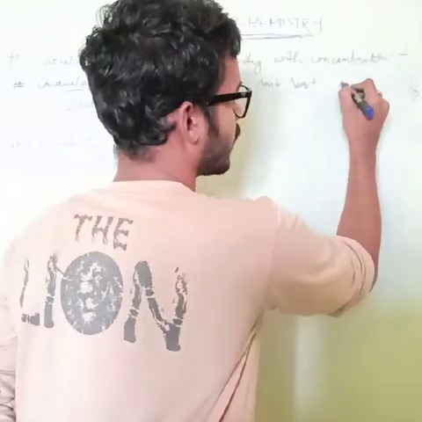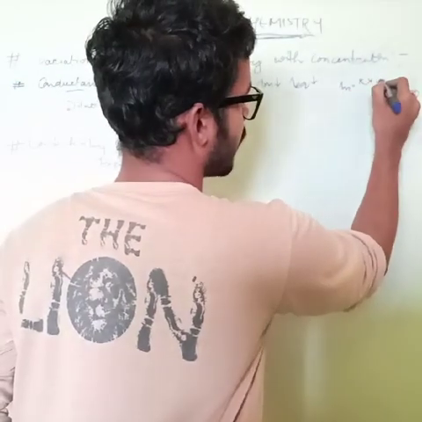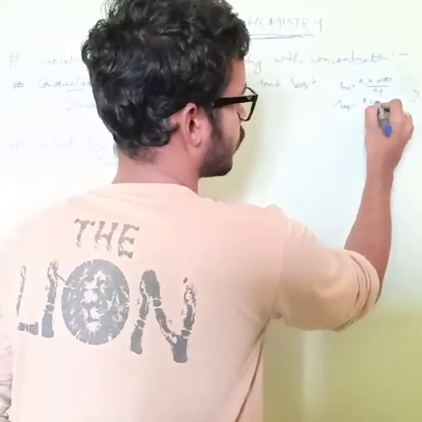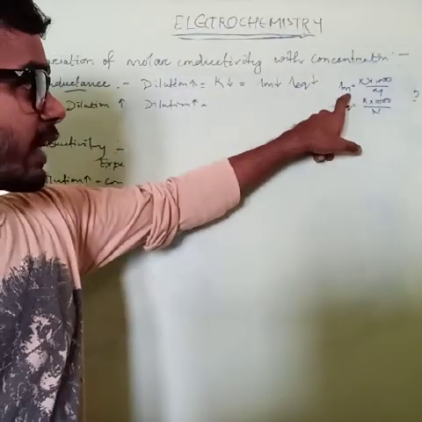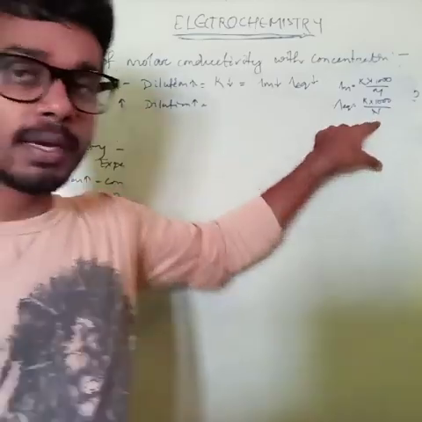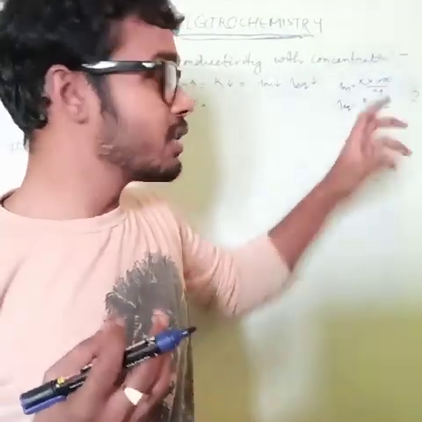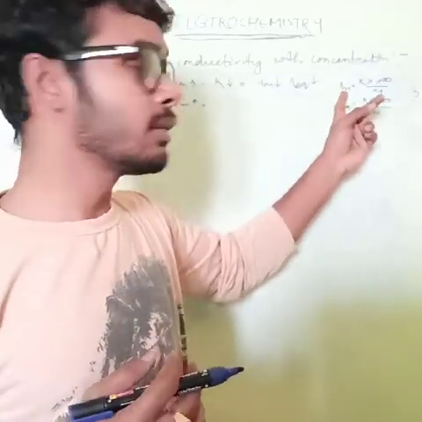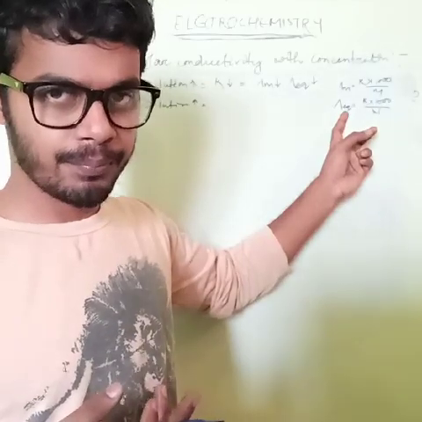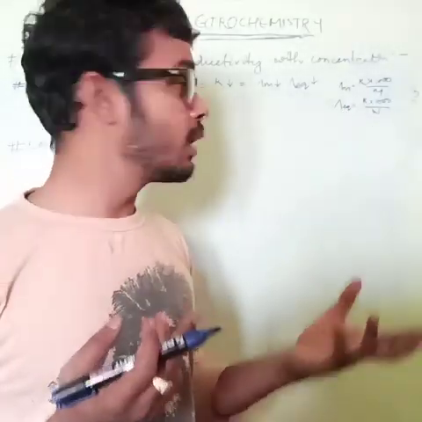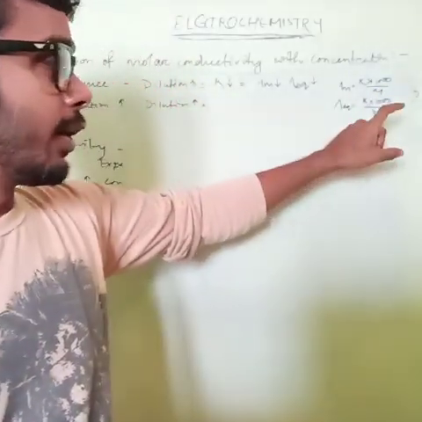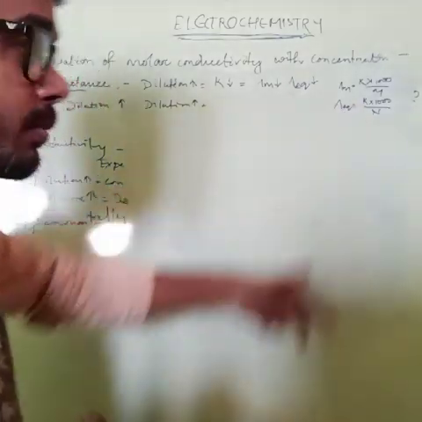Here we have two factors: lambda m equals kappa into 1000 divided by M, and for equivalent conductance kappa into 1000 divided by N. That means it also depends upon the molarity and normality, because these are the concentration. If concentration varies, obviously it will affect the molar conductance or equivalent conductance. If there is no concentration, then there will be no conductance.